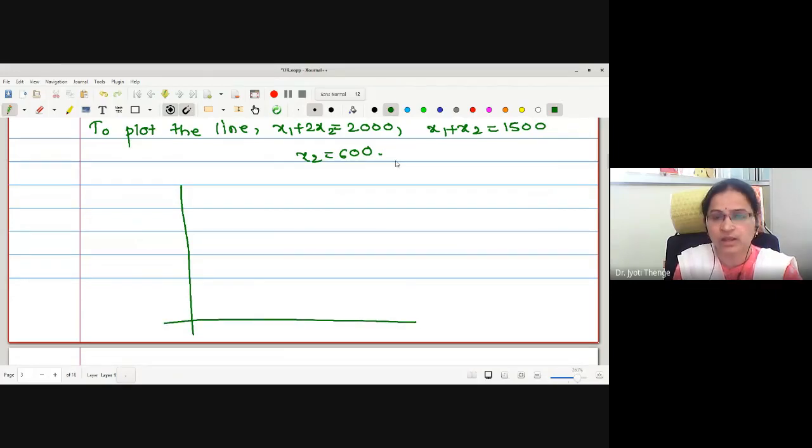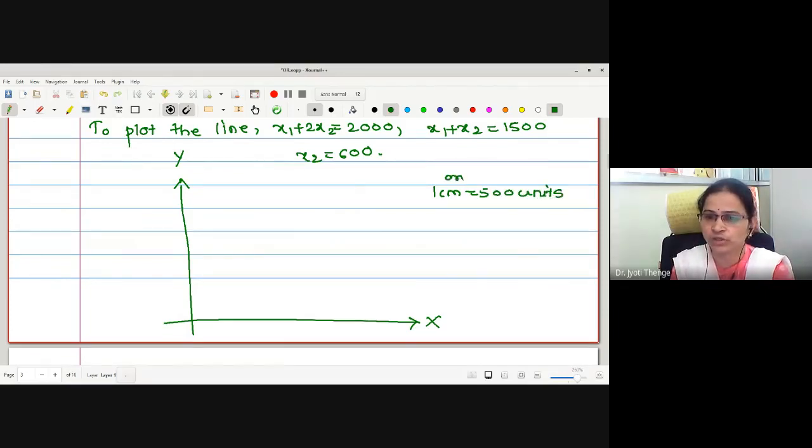Now here, if you observe, the right hand side is 2000, 1500 and 600. Therefore, I have to select a suitable scale. Okay, what suitable scale should I select? 1 centimeter is equals to, say, 500 units on both axes. On both axes, 1 centimeter is equals to 500 units is the scale I am selecting.